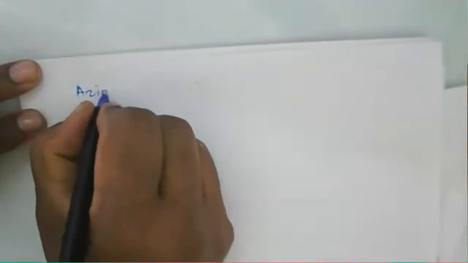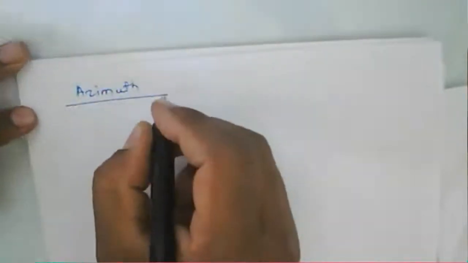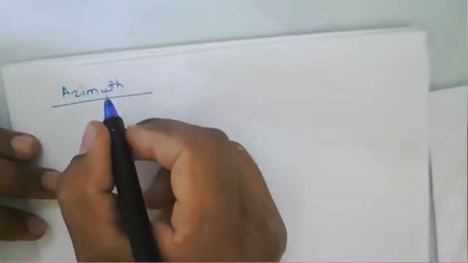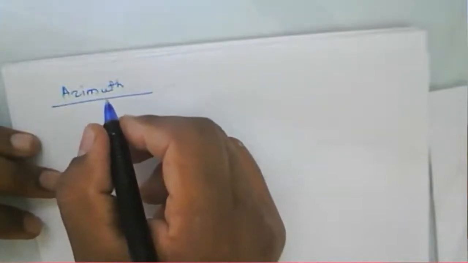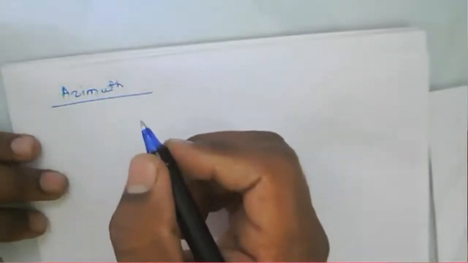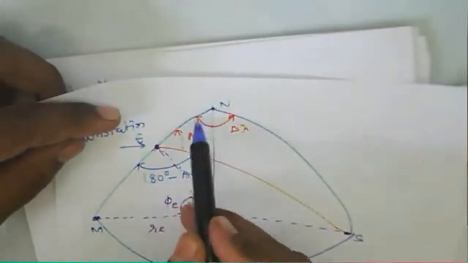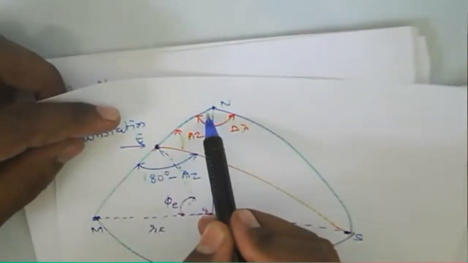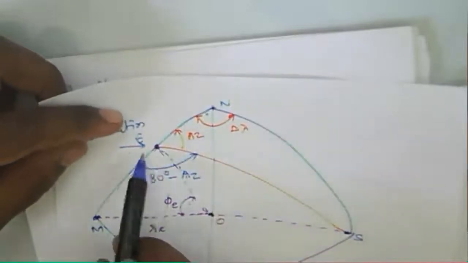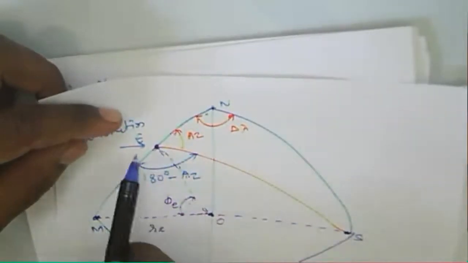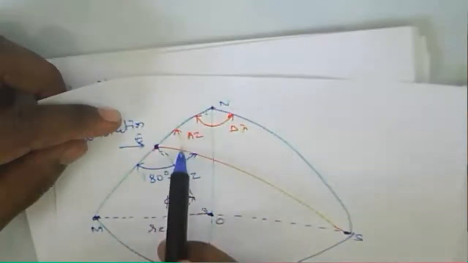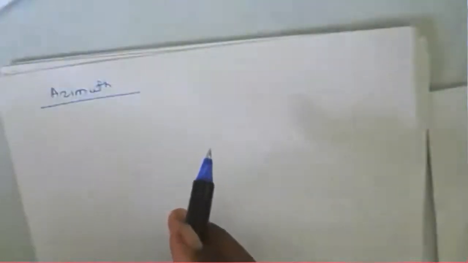And the azimuth we can calculate. We can obtain the azimuth, which is the angle between the north point and the line joining the Earth station and the sub-satellite point. This is the line joining from the Earth station to the sub-satellite point, and that angle is called the azimuth here.